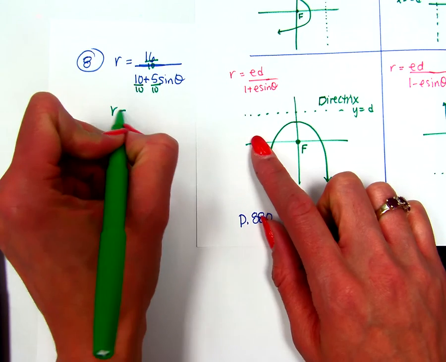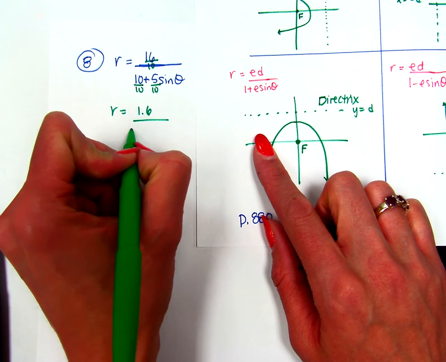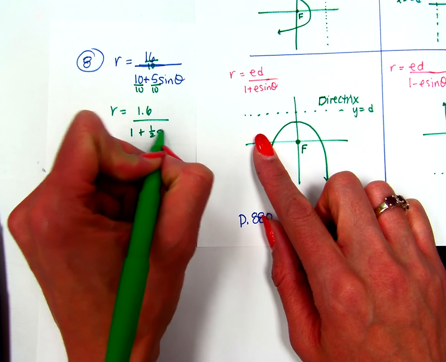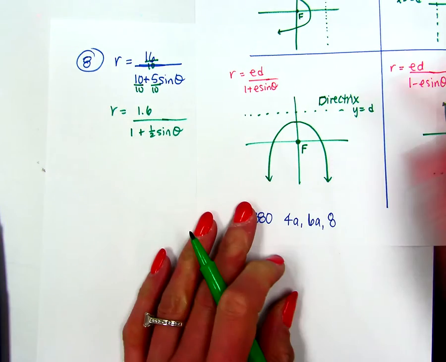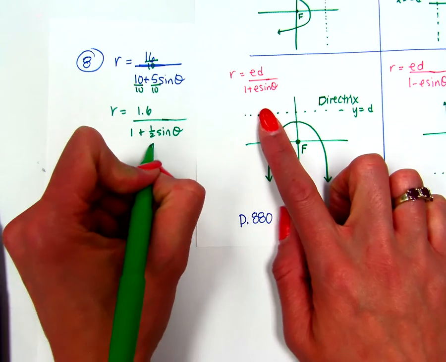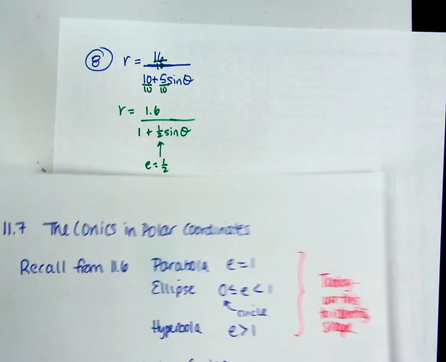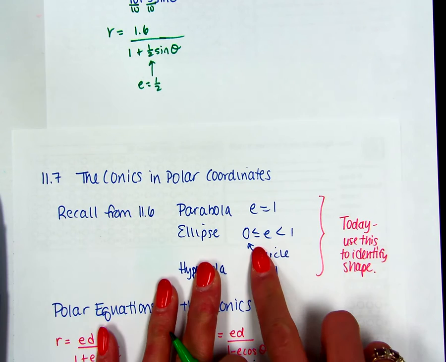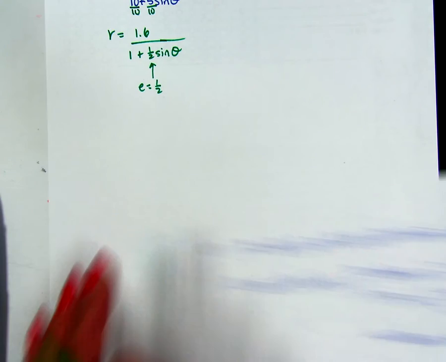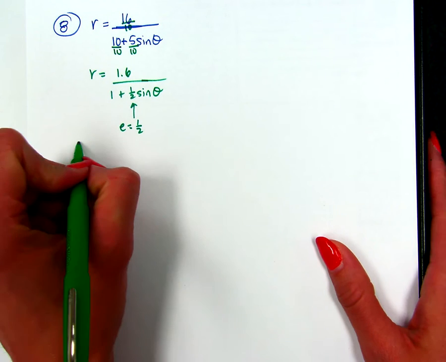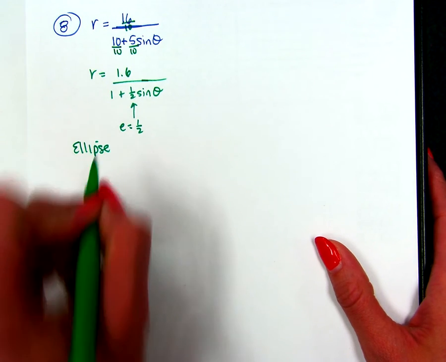So now we're going to have r equals 1.6 over (1 plus 1/2 sine theta). All right, so e is equal to 1/2. And if you double check what your eccentricity tells you, this is an ellipse. Okay, so I know that this is an ellipse.